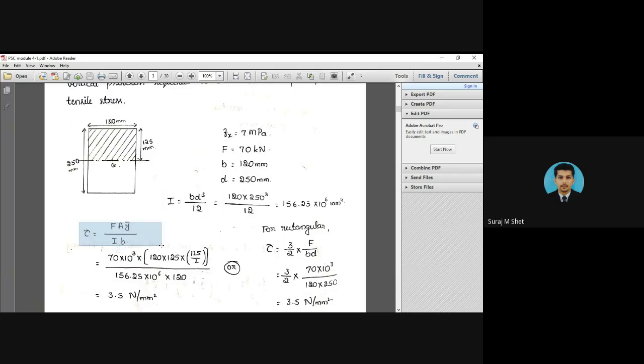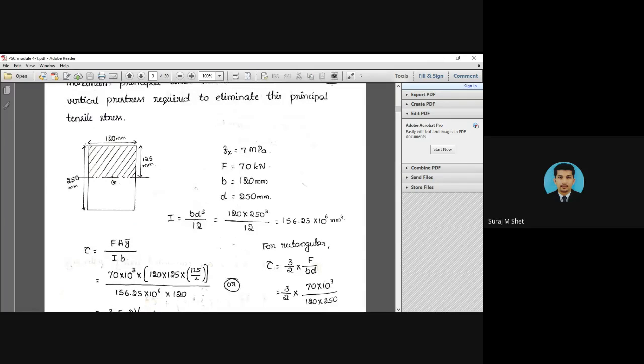In the tau formula, I have calculated the I value, I already know the breadth value, and the force is given as 70 kilonewton. You have to calculate A into Y bar. So how to calculate A into Y bar? See, this is your rectangular section, and this is your neutral axis.